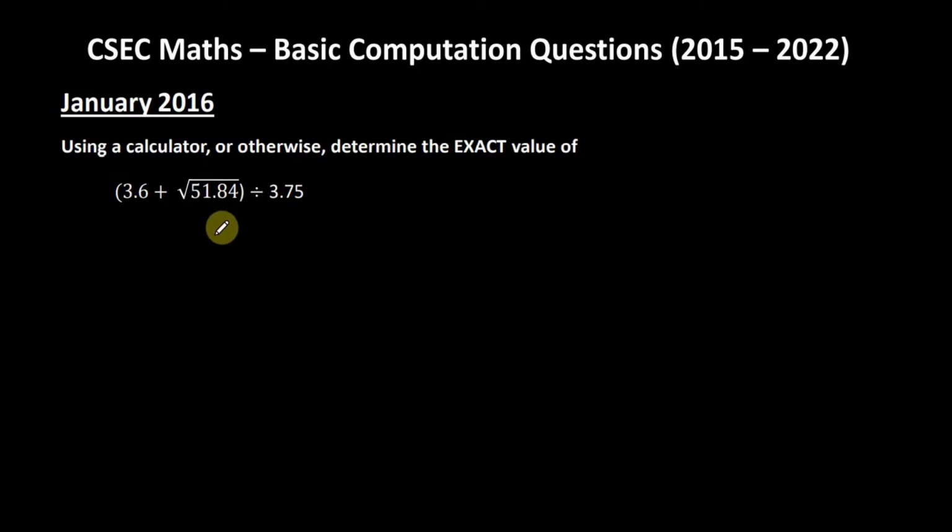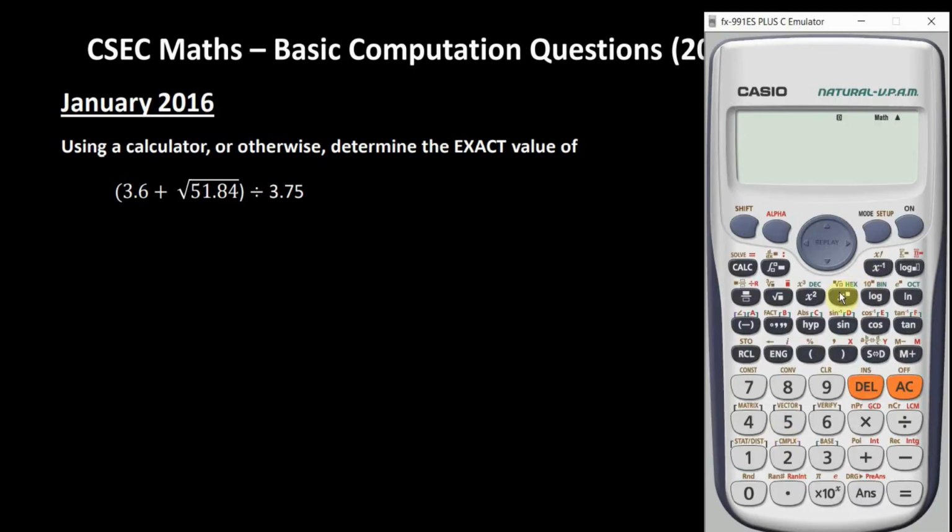And again, they did say using a calculator, so we are going to make full use of it. So there we go. And the good thing about this type of calculator is that it allows you to plug in the expression exactly as how it appears here. So it looks pretty much the same, so it gives you a good idea if you're actually doing the correct thing.